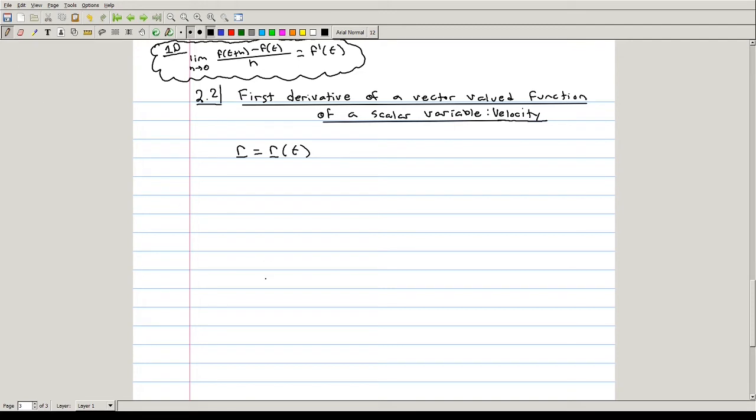The most direct extension is just taking the limit as h goes to 0 of the vector valued function at t plus h minus the vector valued function at t, and we divide that by h.